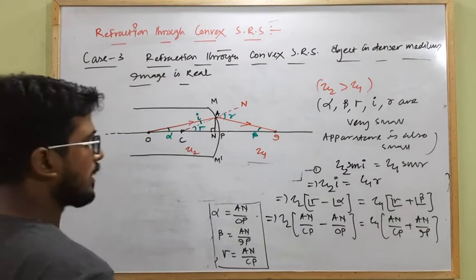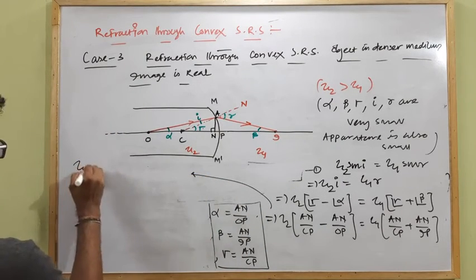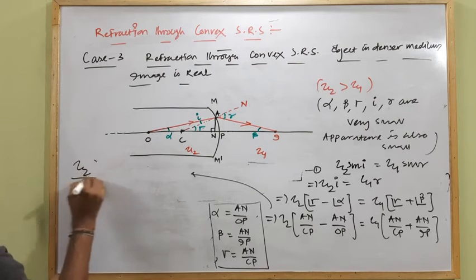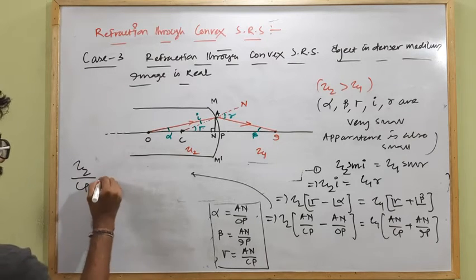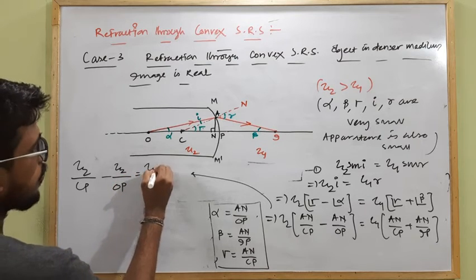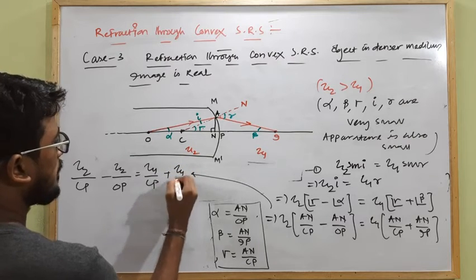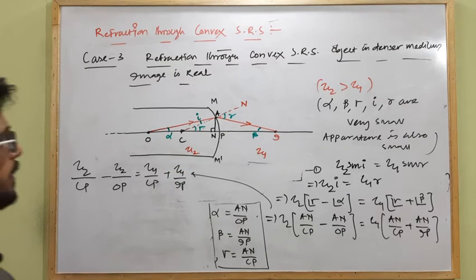AN taking common will get cancelled, so it will become how much? So this can be written as mu2 by CP minus mu2 by OP equal to mu1 by CP plus mu1 by IP. Clear?